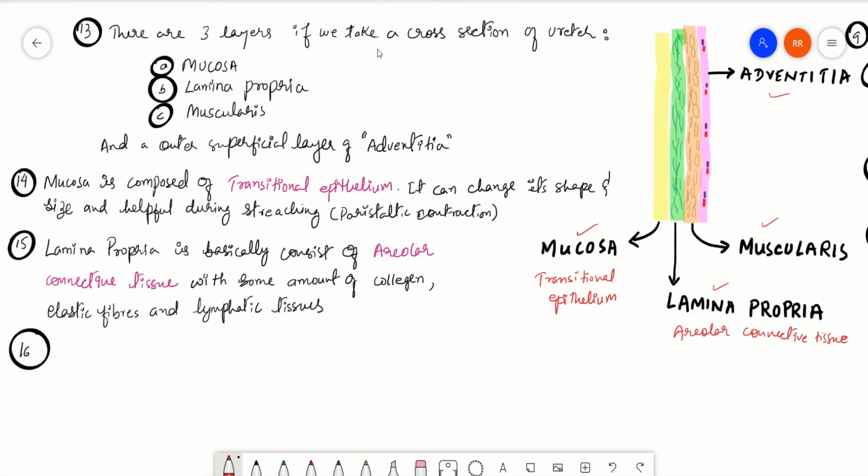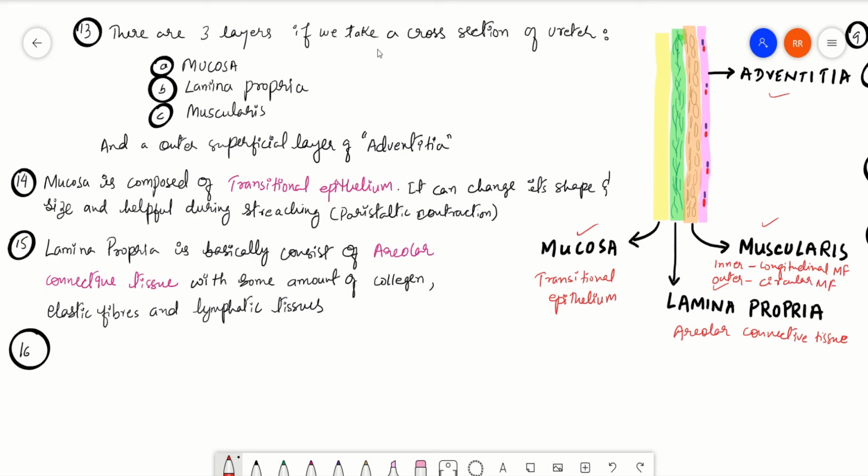And the muscularis layer generally consists of two types of muscle fibers: the inner longitudinal muscle fiber and the outer circular muscle fiber. So the inner will be longitudinal muscle fiber, and the outer will be circular muscle fiber.